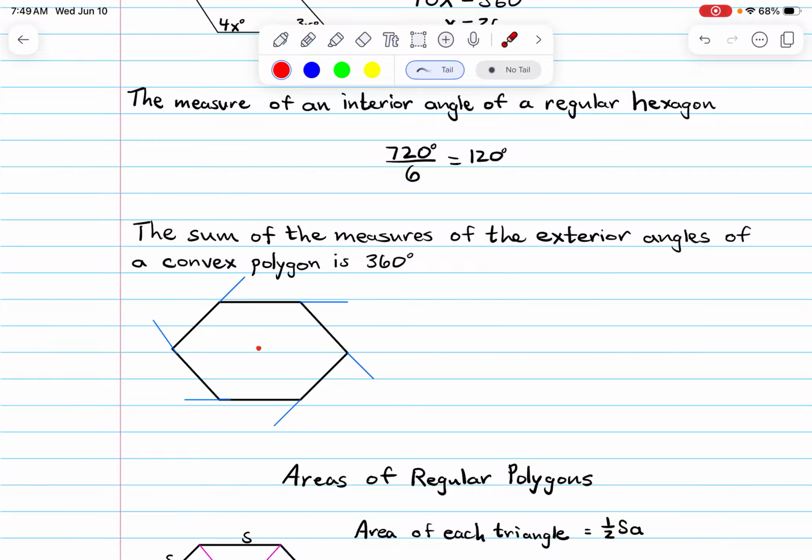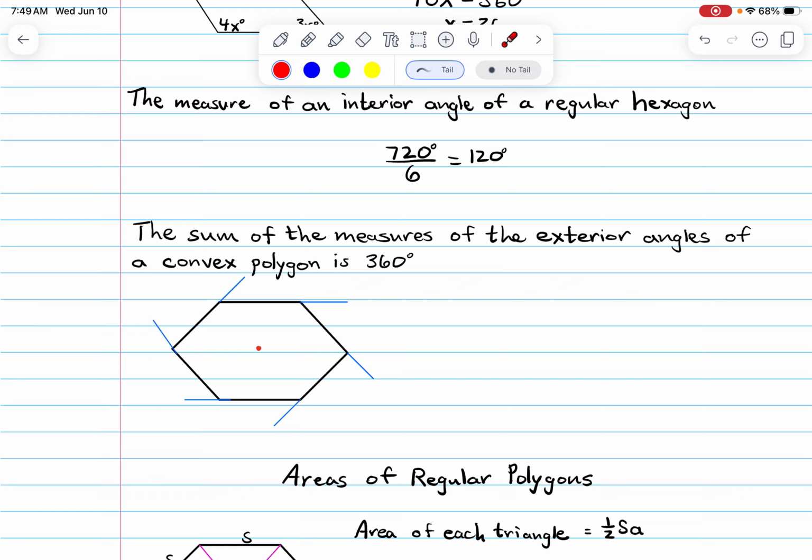Now I could have gone the other way. I could have said, let me go this way. Extend that side, extend this side, and so forth. But I'm using these. So what I'm trying to do is say, what is the sum of those exterior angles? And I'm saying that it's 360 for a convex polygon.